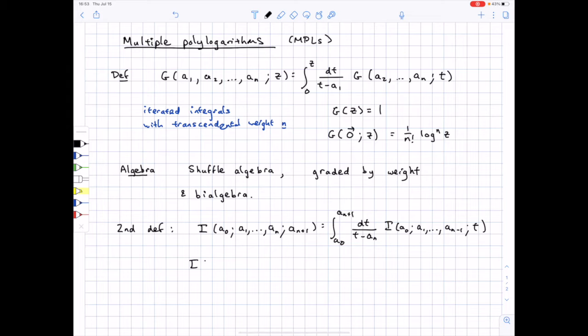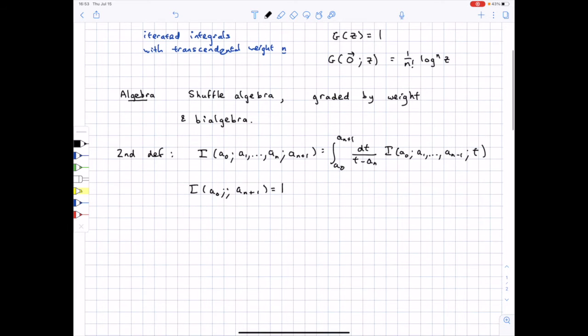Our starting point, the original integration kernel seeding the iteration, is just taken to be 1. And so these are related to the G's above by an insertion of 0 for the lower integration point and the reversal of arguments, as I mentioned a moment ago.